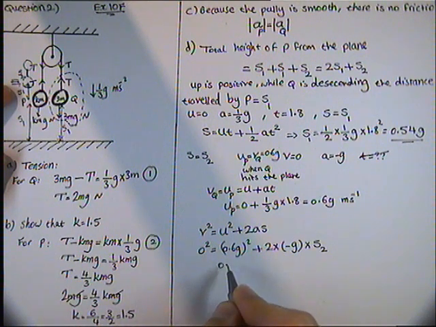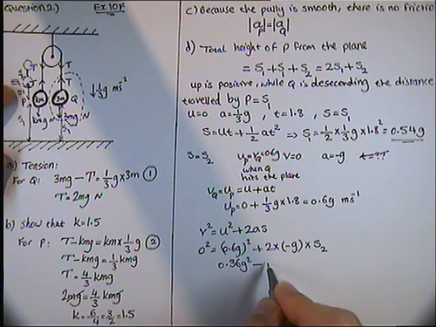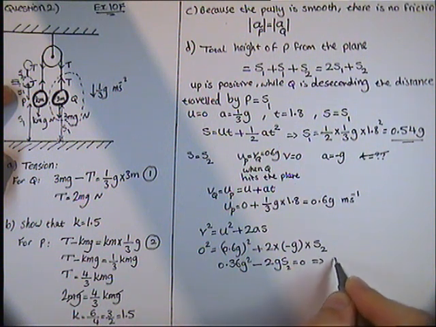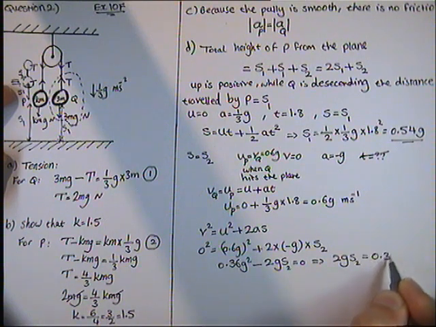So 0.36 g squared minus 2g s2 equals 0. 2g s2 is equal to 0.36 g squared.